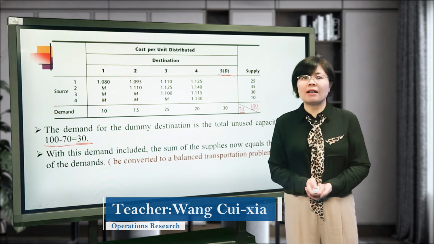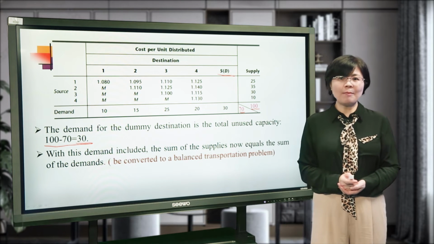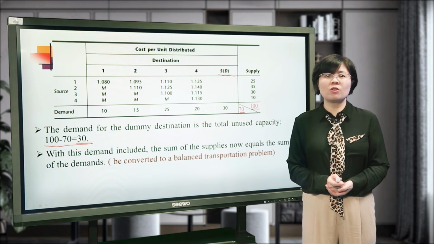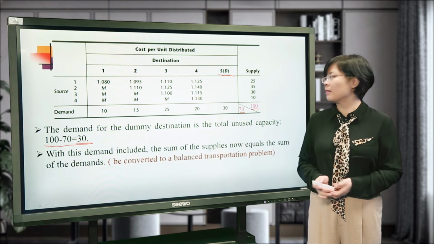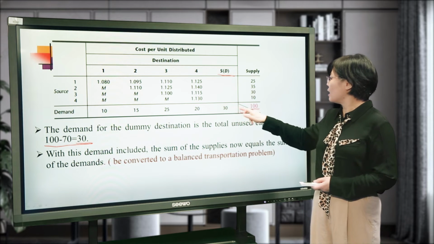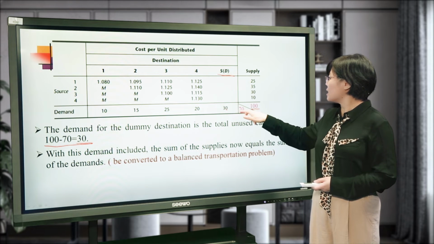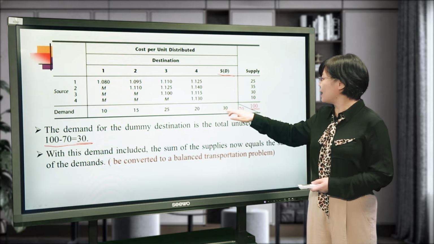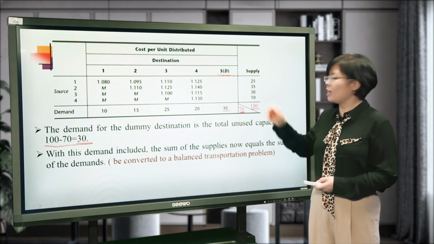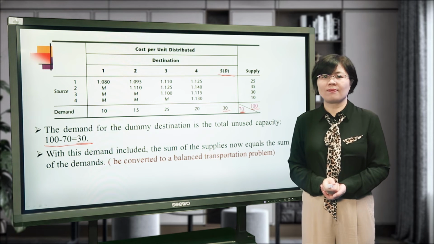With this demand included, the sum of the supplies now equals the sum of the demands. This is 70 plus 30 equals 100.